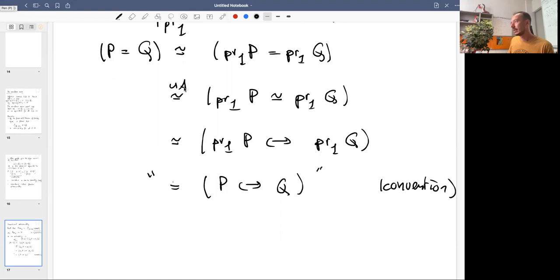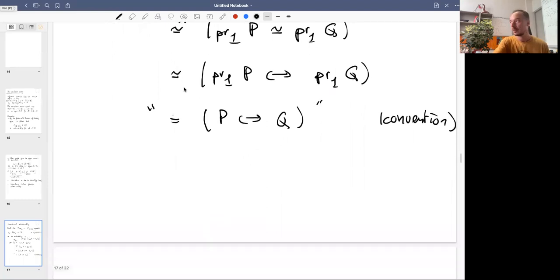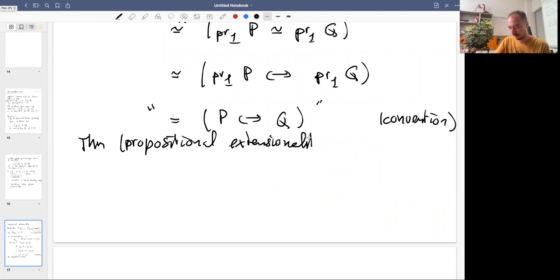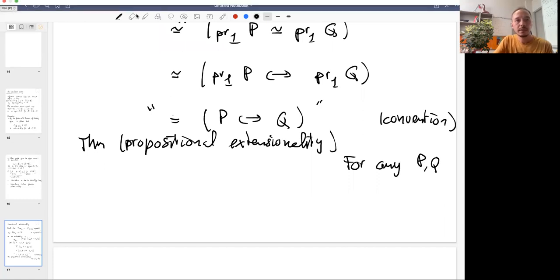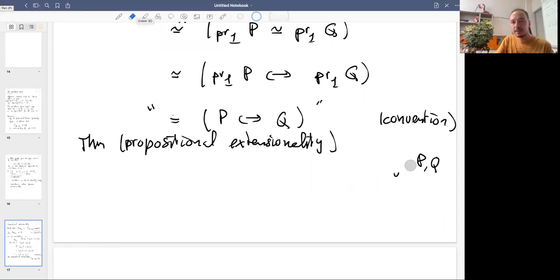Okay, so from all of this, we get a theorem, which is the theorem of propositional extensionality. For any P and Q, see, I'm so not good at writing.